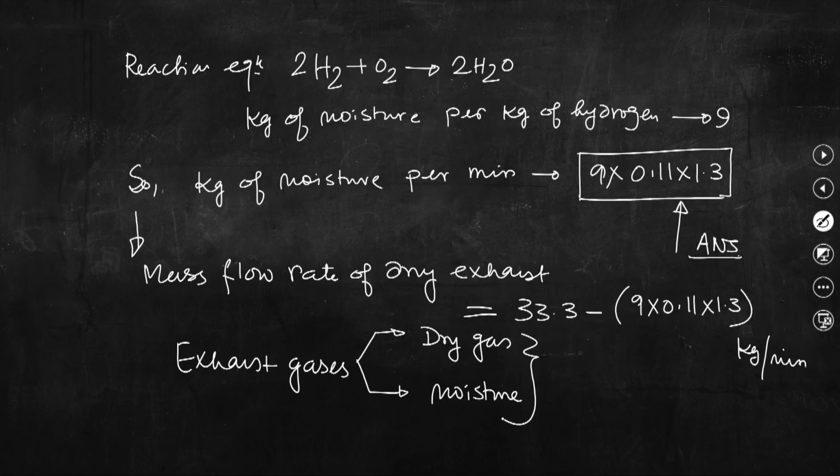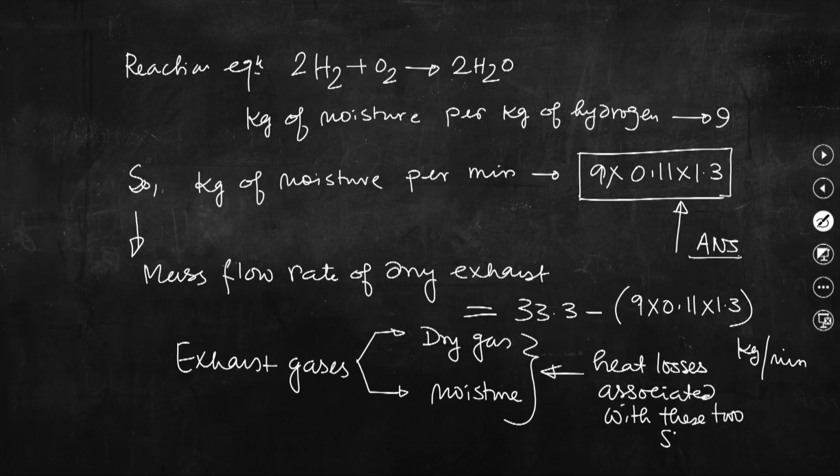So, we have to calculate heat losses associated with these two streams. Okay. So, the exhaust gas is comprised of dry gas and moisture. So, we have to calculate the heat losses associated with these two streams.